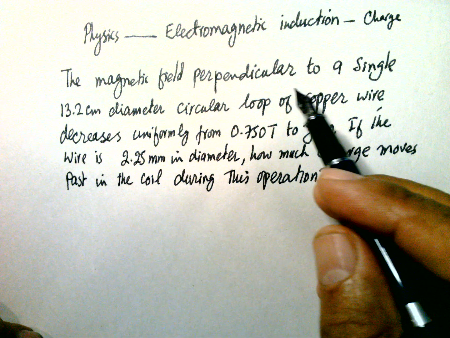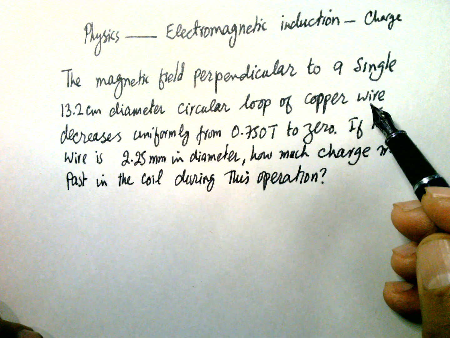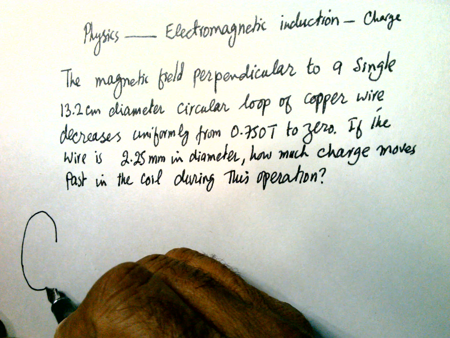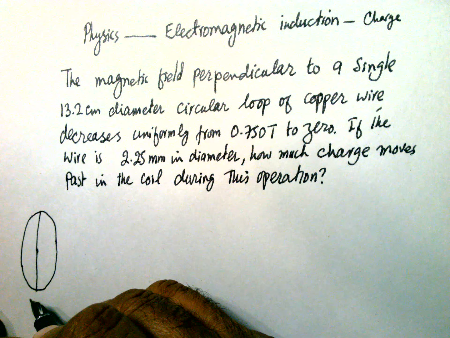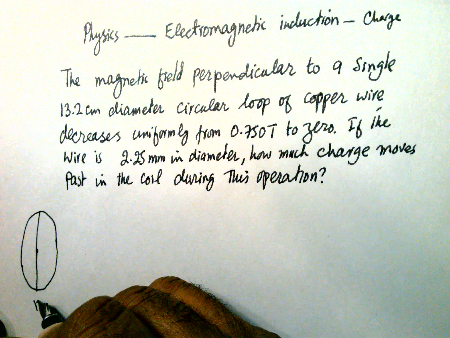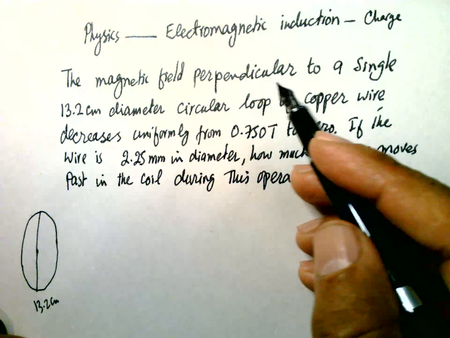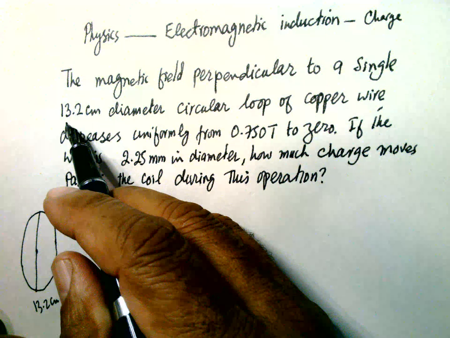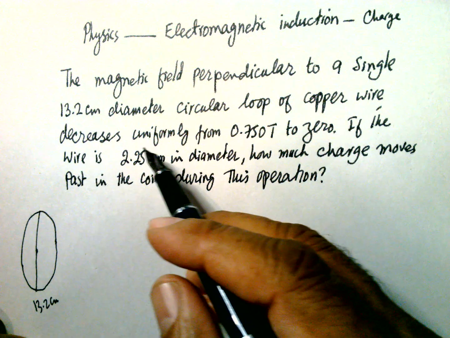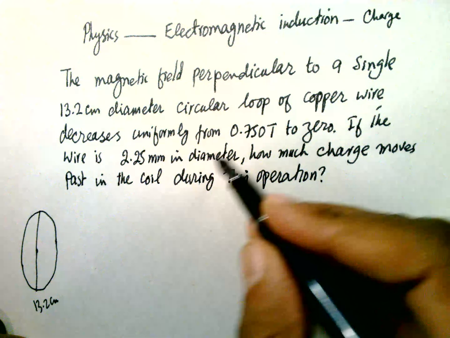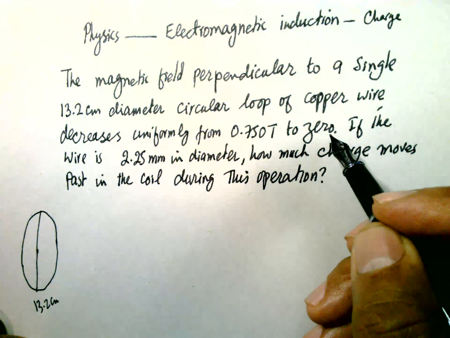The magnetic field perpendicular to a single 13.2 centimeter diameter circular loop of copper wire decreases uniformly from 0.750 Tesla to 0.